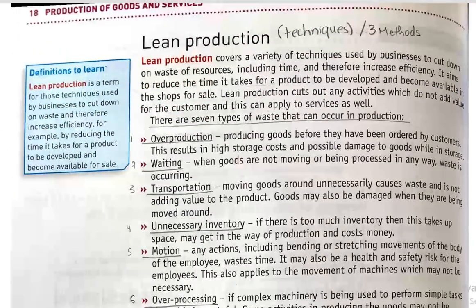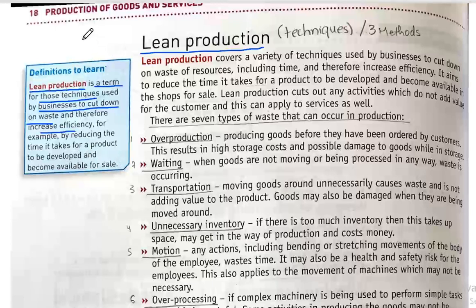So in production, as a factory, I must have something called lean production. Lean production has three methods or techniques. Let's see first what is meant by lean production. Lean production is a term for those techniques used by a business to cut down on waste, therefore increasing efficiency. For example, reducing the time it takes for a product to be developed and become available for sale.